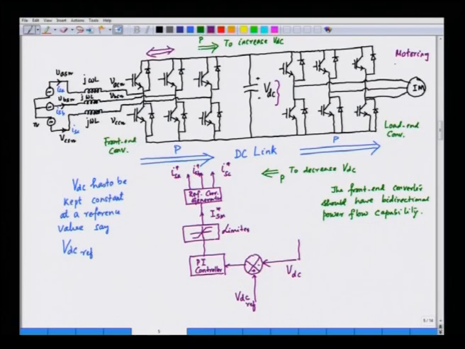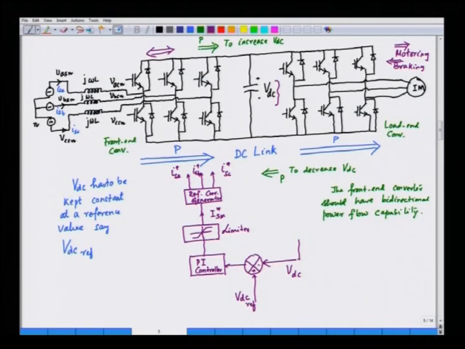We can also have electric braking. For motoring, the power flow is from the converter to the motor like this, and for the braking the power flow has to reverse. So, it has to go from the motor to the DC link and back to the source.